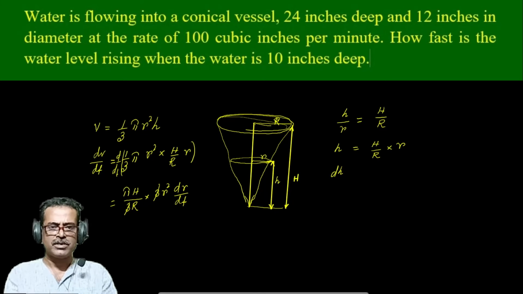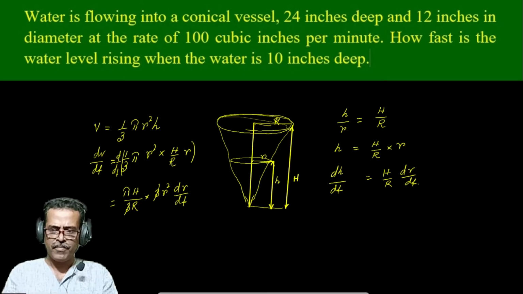dV/dt is constant. Water flowing into conical vessel at the rate of 100 cubic inches per minute. This value is given. How fast is the water level rising? That is dh/dt. dh/dt is equal to H by R dr/dt.